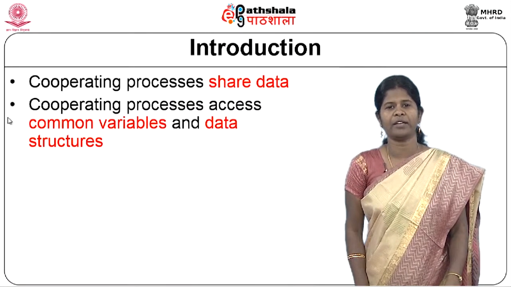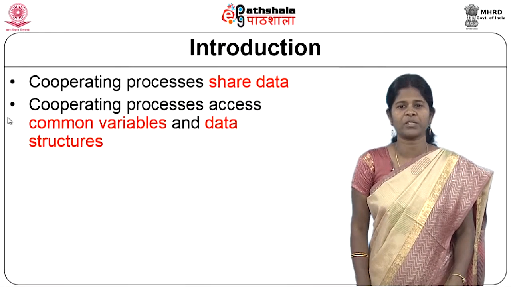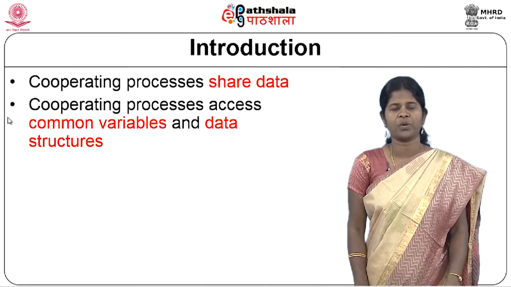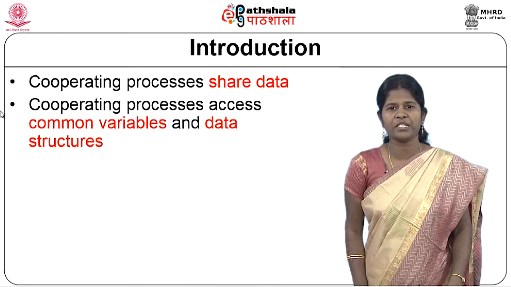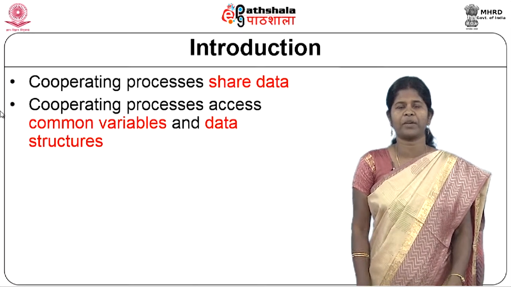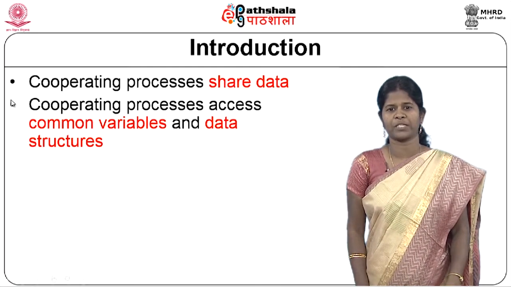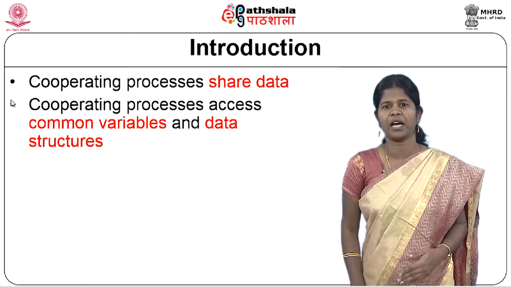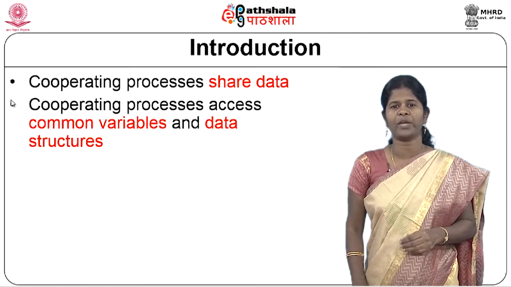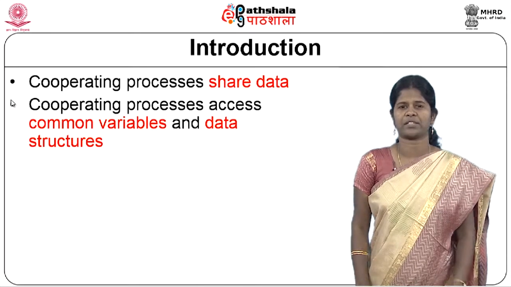We have learned earlier that cooperating processes share data. When there is more than one process in the system which needs to share data among them, they are called cooperating processes. These cooperating processes share data using some common variables or some common data structures.